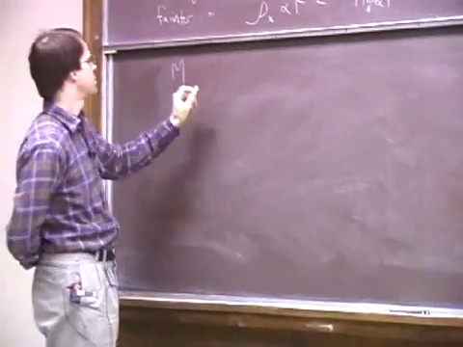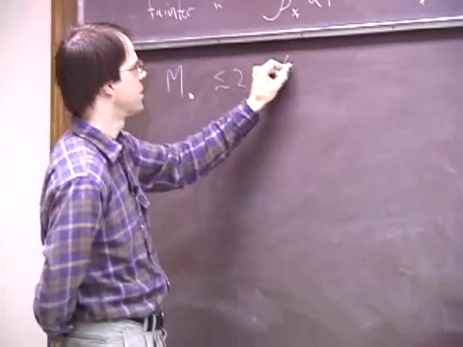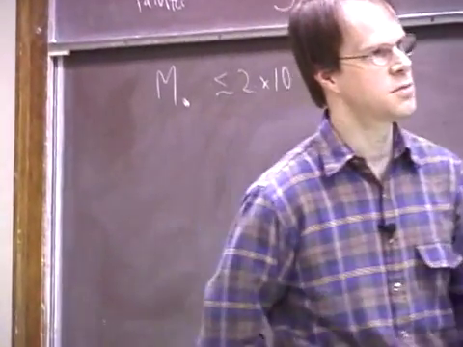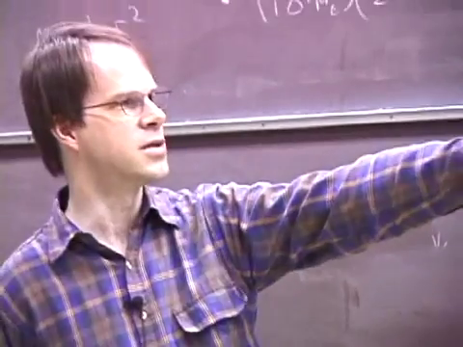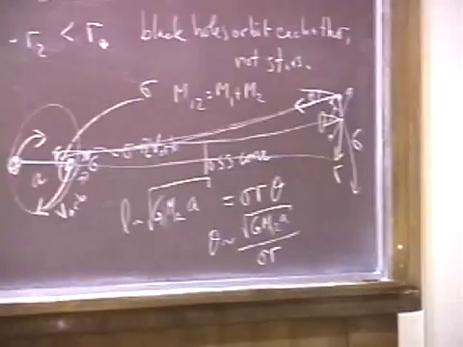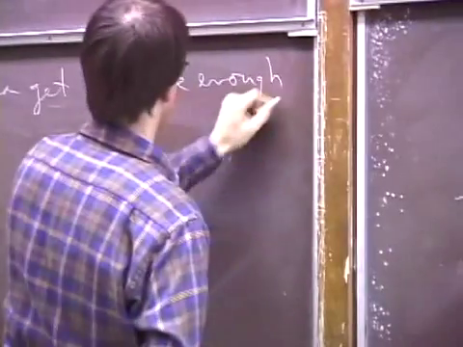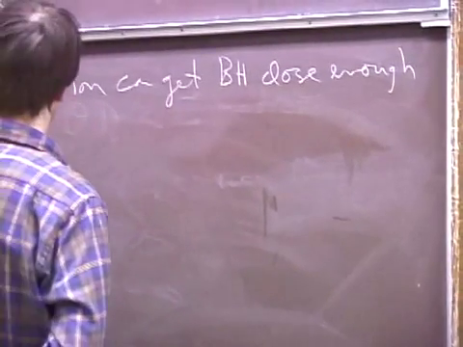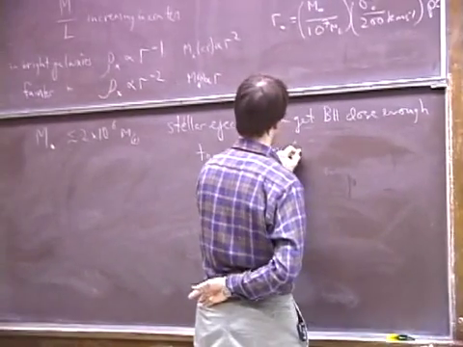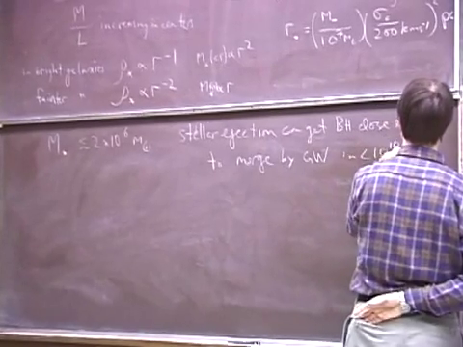However, in lower mass galaxies, where the mass of the black hole is less than about 2 times 10 to the 6 solar masses, it's just about possible by that process alone, namely two-body scattering, filling the lost cone, and providing stars to be ejected, that stellar ejection can get black holes close enough to merge by gravitational radiation in less than 10 to the 10 years.